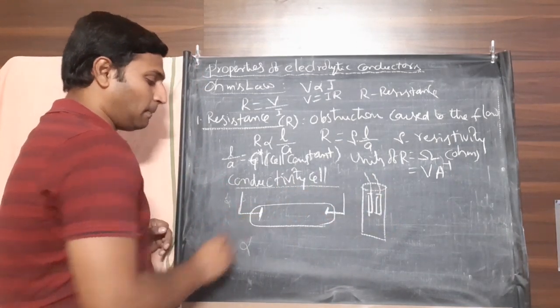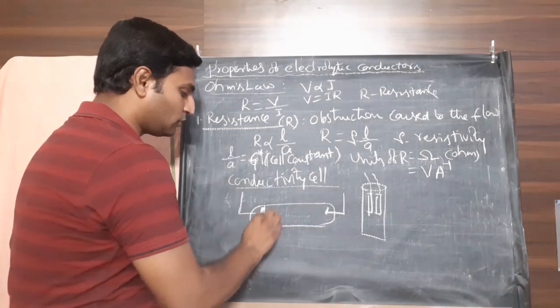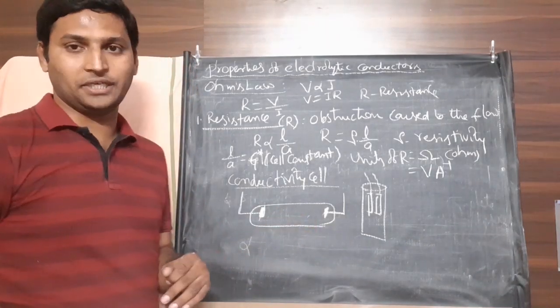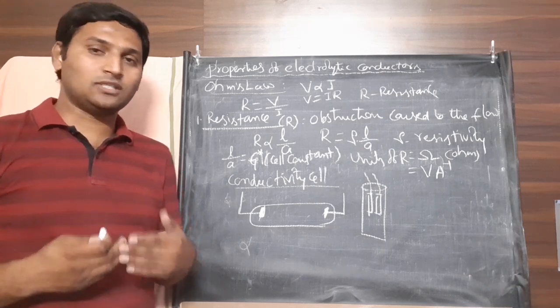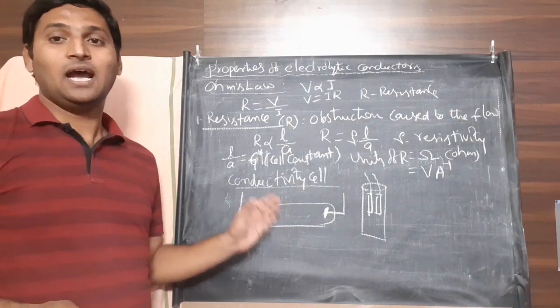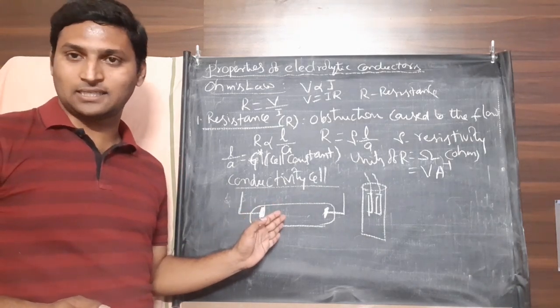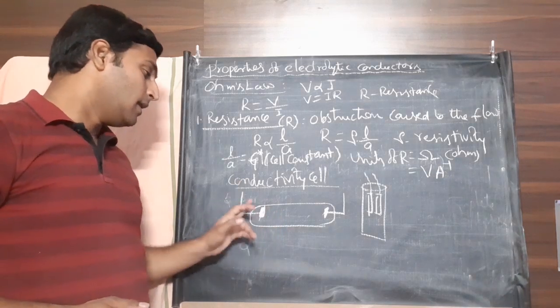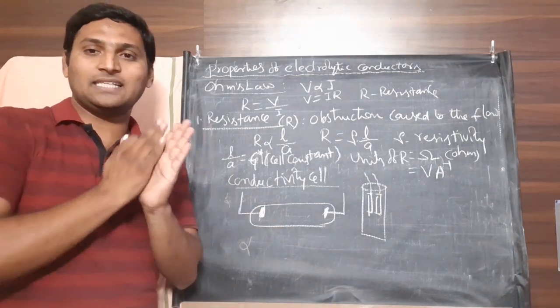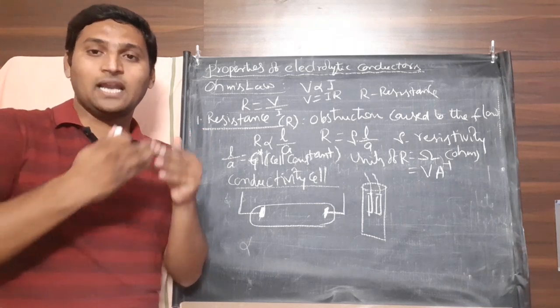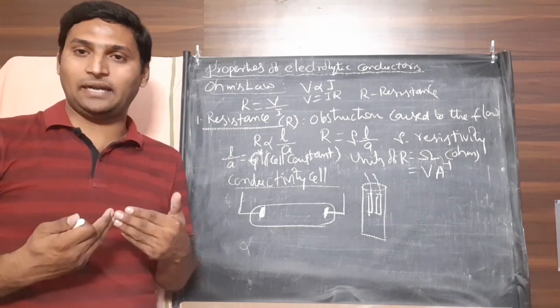These electrodes are platinum electrodes on the surface of which platinum powder is coated. Platinum is used in order not to react with the solution inside, and platinum powder is to increase the surface area of the electrode so that the conductivity will be better.